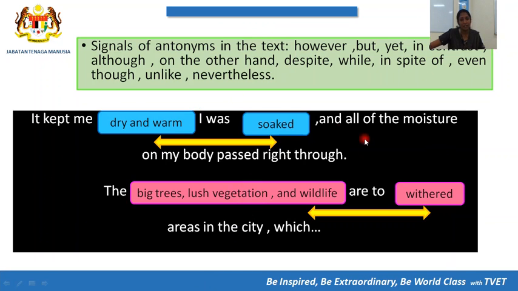On the other hand, there are 2 withered areas in the city. Withered, it is no more greenery, it's already dried up, or probably it's a drought season. So these are the antonyms and the contrast ideas used in the particular phrase.